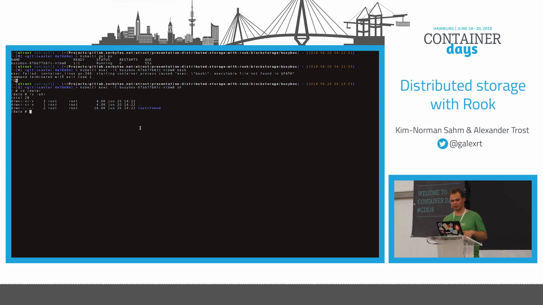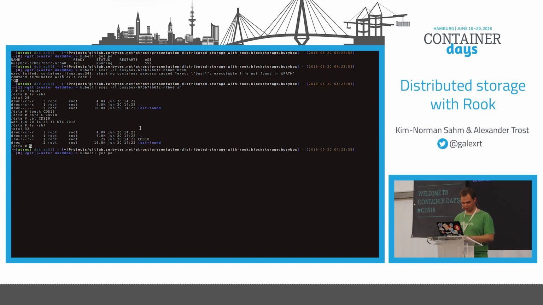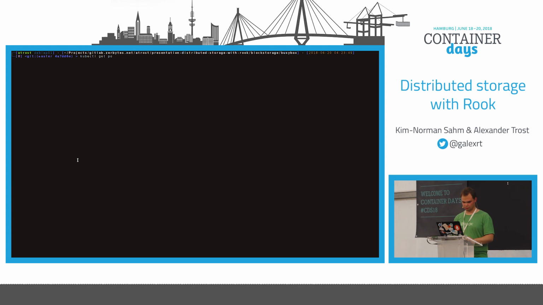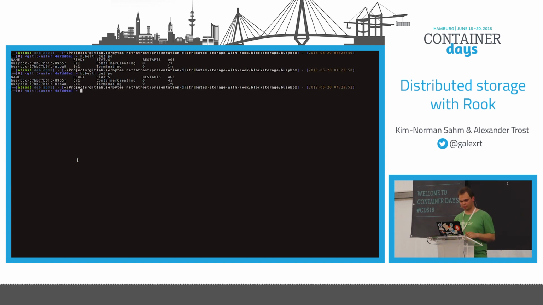So we see that we have the block storage provisioned there. Let's just make a file, simpler. We see we have the file here, and if I go out now, run get pod again, and delete the pod, we see the next one is creating.